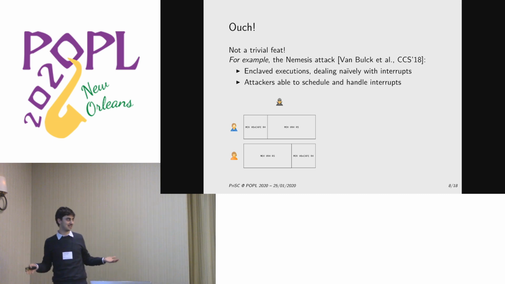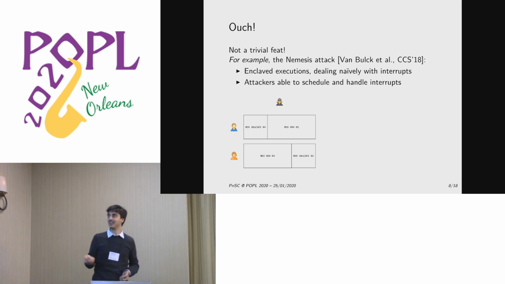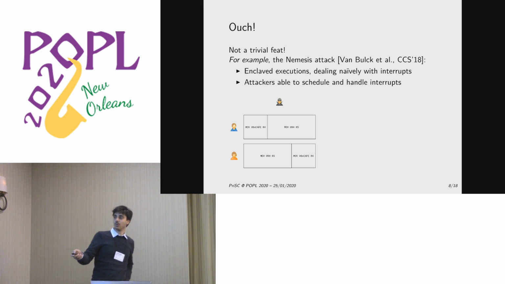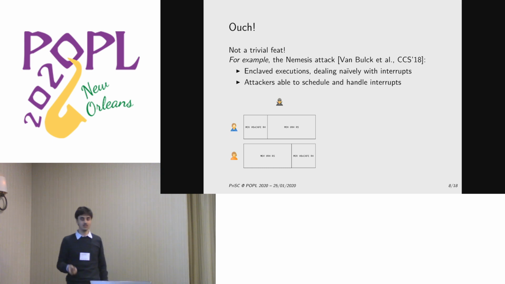I mean, everybody has interrupts, but as this paper from Yo and the others testifies, it's not so trivial. Consider an attacker, the guy here, and two protected modules. The first one does a 2-cycle instruction followed by a 4-cycle instruction.